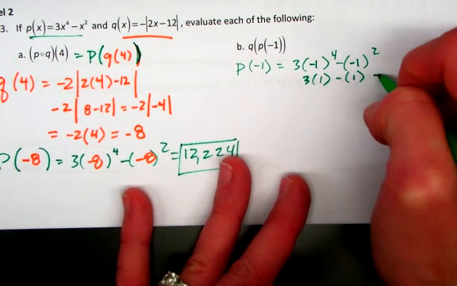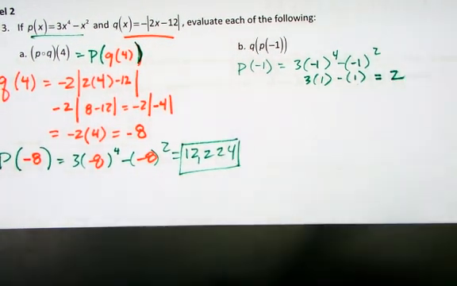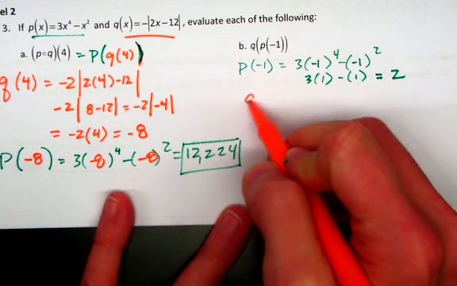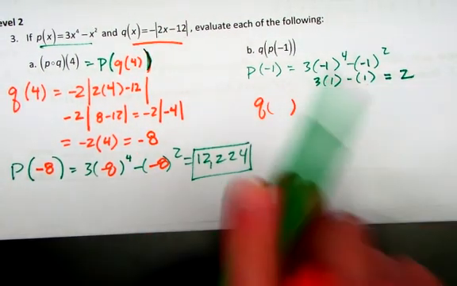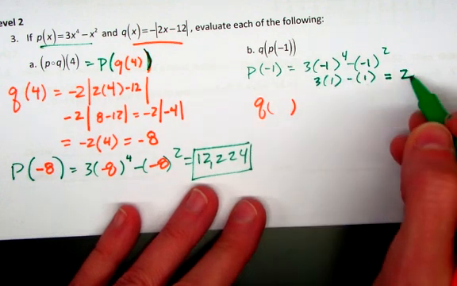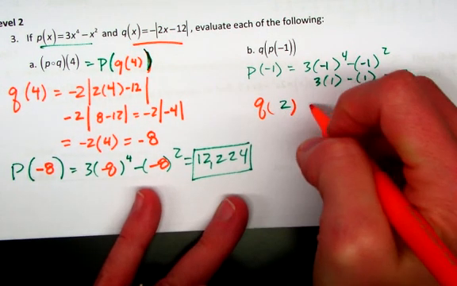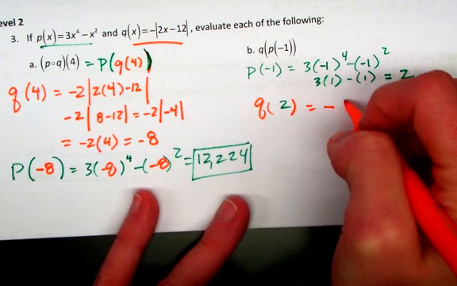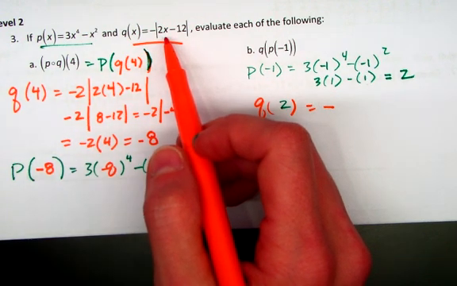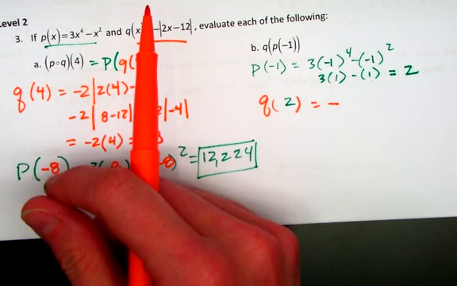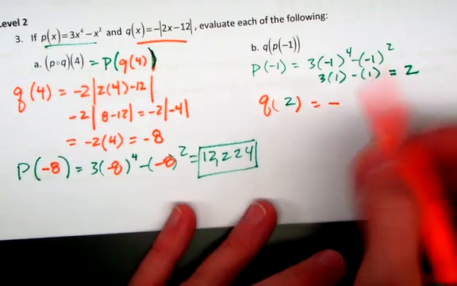And 3 minus 1 is 2. So then we get Q of, instead of P of negative 1, I'm going to put a 2 here. So this is negative, oh no, you guys. I did this one wrong. Grr.